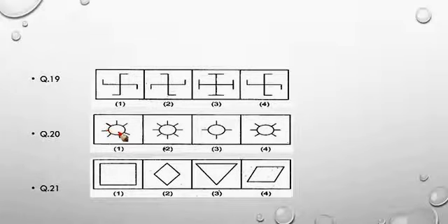In question number 20, at the center of each design there is a circular shape. So we can't differentiate on the basis of the central shape. So we need to look further into the number of lines that are drawn connecting to the circle.